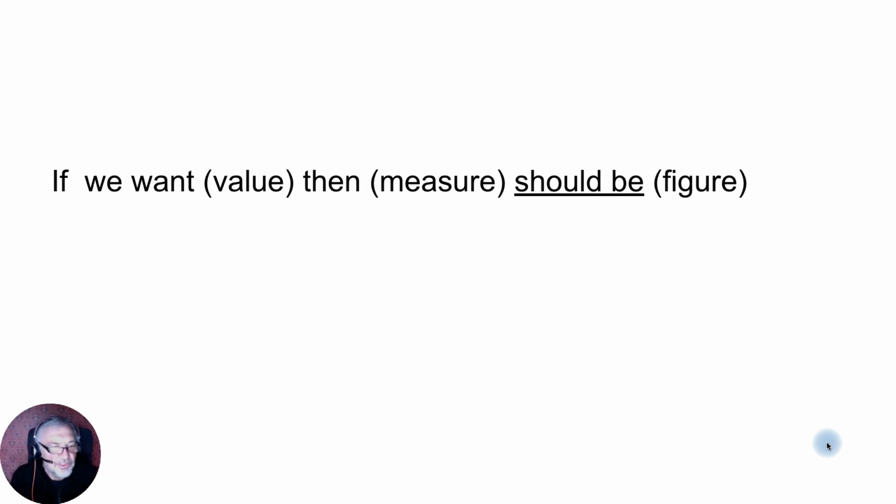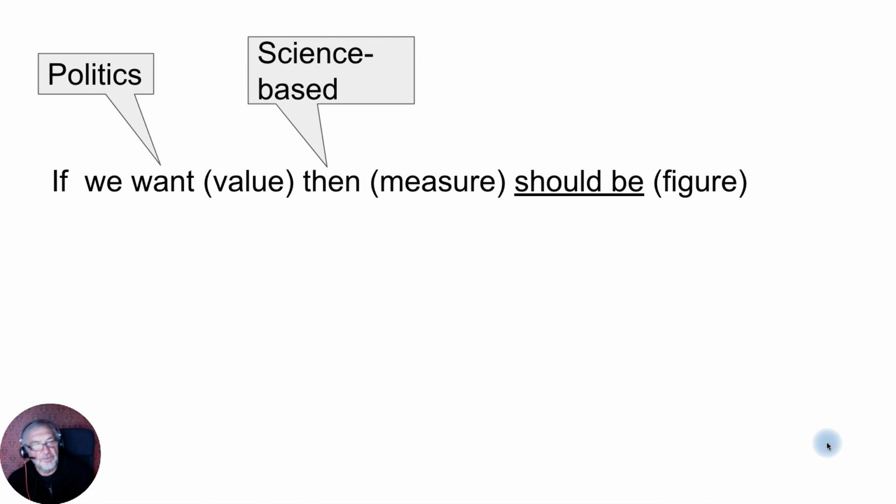Now, the way normatives work is we say something like this: if we want something, and wanting is that we value it, then a measure, and that's something that's scientific, should be at a certain level. Now, this is the way this works. Politics would decide the value of it. It would be science-based to translate that want into a physical measure.